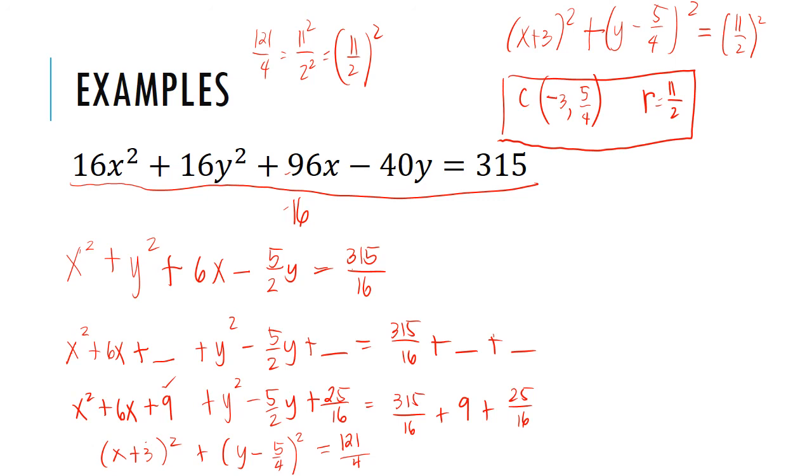Baka sabihin nyo, sakto siya sa 1, hindi. Lumagpas siya ng konti, oh. Kasi 5/4 is 1 and 1/4. So, lumagpas yan ng konti. Hindi yan nasa saktong 1. Any questions po?